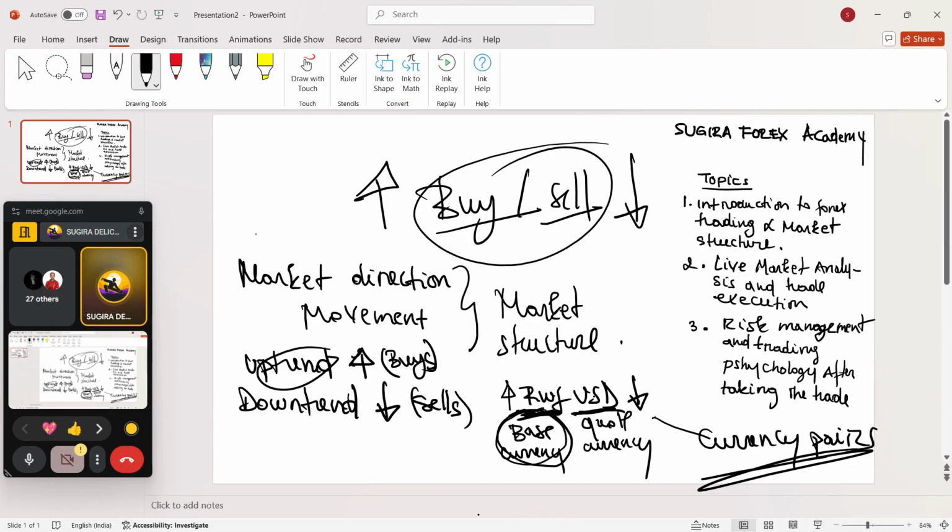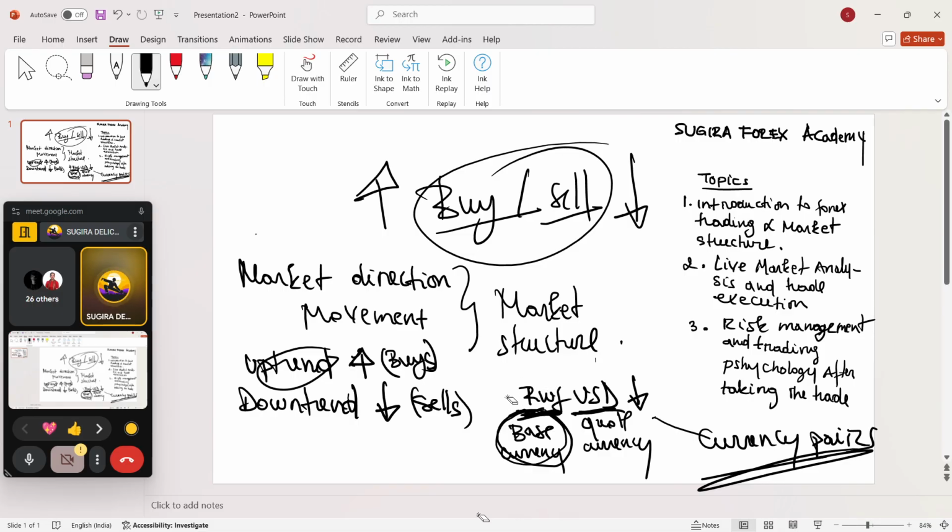If it's Rwandan francs and USD and you're buying, it simply means Rwandan francs, your base currency, is gaining value over your quote currency. That means your quote currency is losing value. US dollar here is losing value over Rwandan francs. Get my point? So from here, you're buying the market.